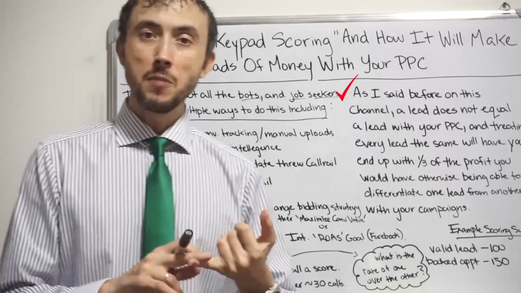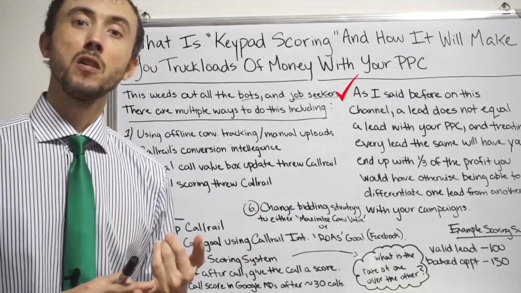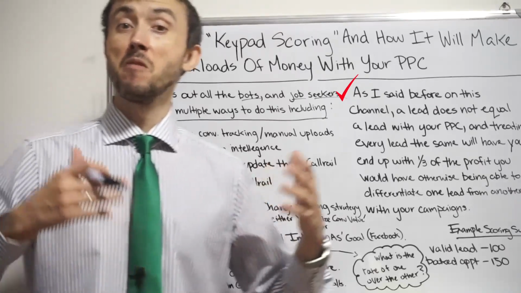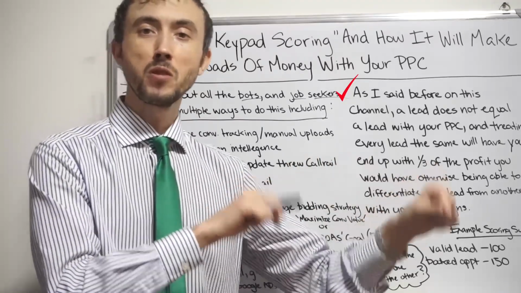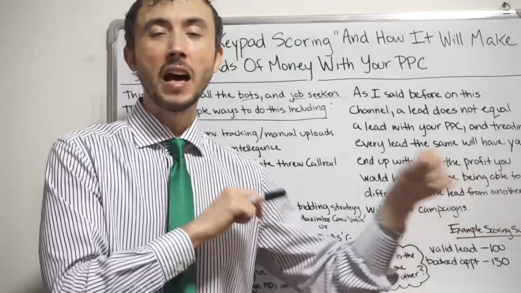It may be that 80% of the time somebody's looking for a job, the person is under 35 years old. You wouldn't necessarily be able to pick that up if you didn't have data in your account that told you which of the calls you were getting were legit calls and which were not.